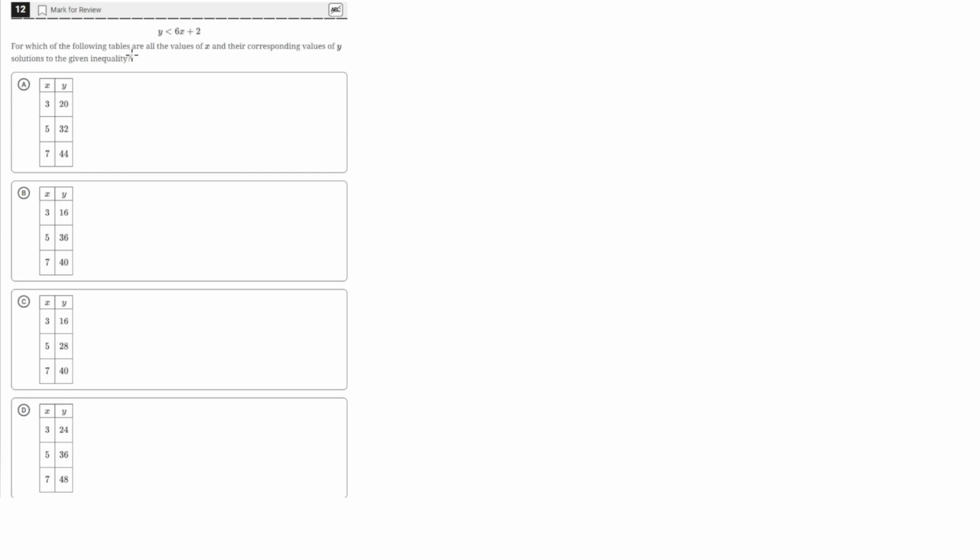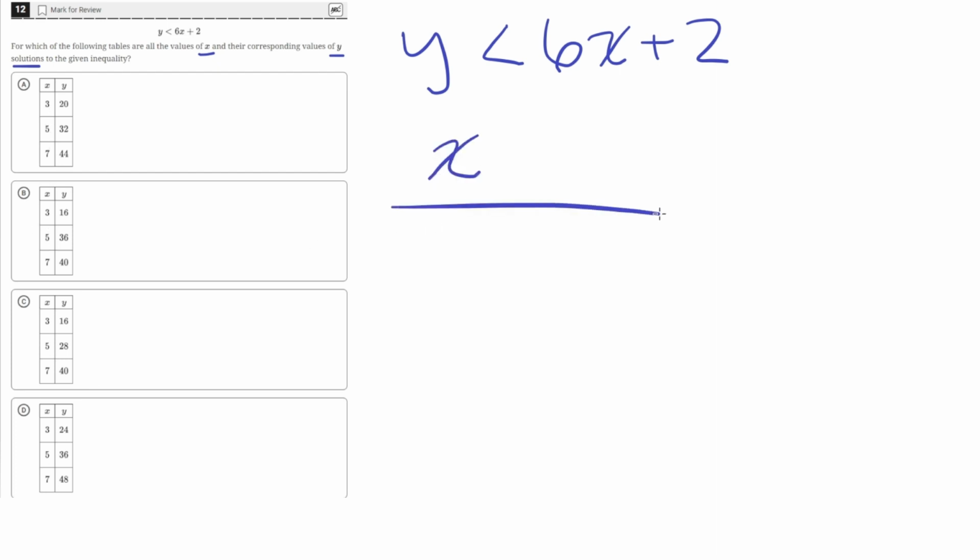For which of the following tables are all the values of x and the corresponding values of y solutions to the given inequality? So we have this inequality that y is less than 6x plus 2. So we'll make a table here of the x values 3, 5, and 7, since all the answer choices use 3, 5, and 7.